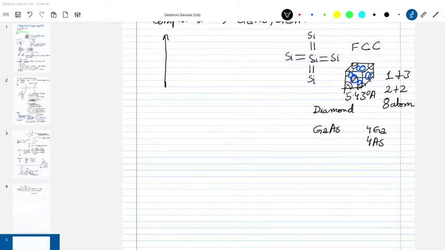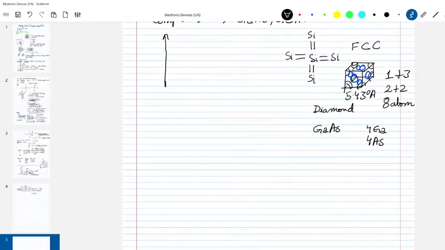I have written it reversed, so let me correct this.